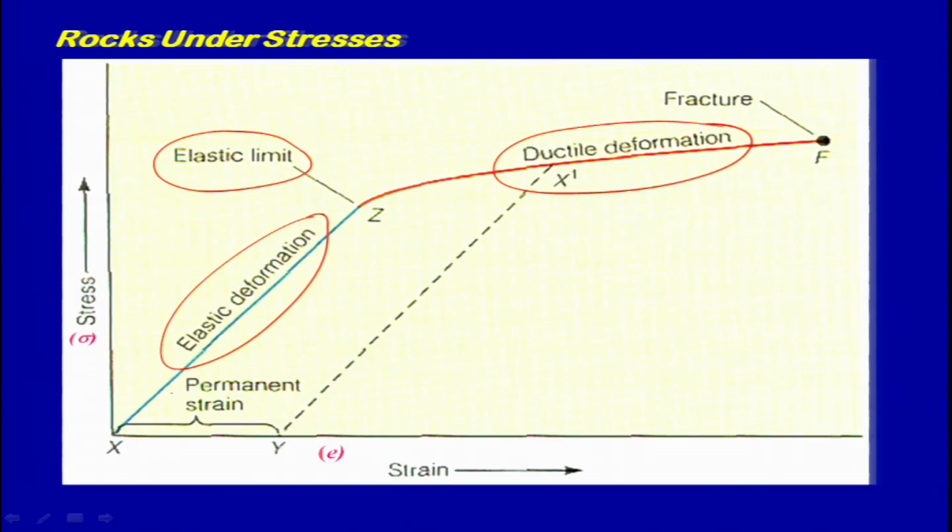It will deform and will not come back, because when we say elastic, it may rebound back, but at some point it will not rebound, and permanent strain develops. If you keep increasing the stress beyond the threshold limit of any given material, it will fracture, and this fracture is seen on the surface, because when you say fracture, there will be displacement of strata, and that will lead to the formation of faults.